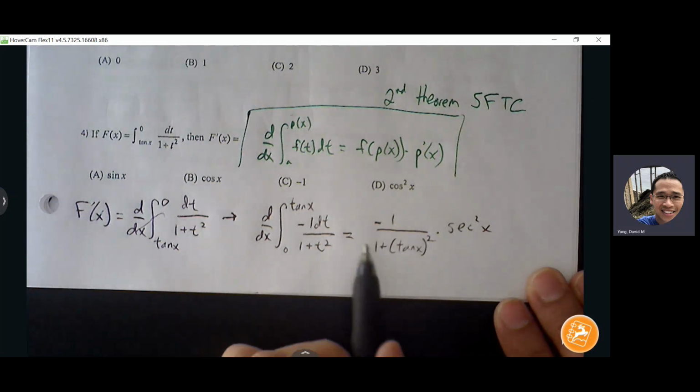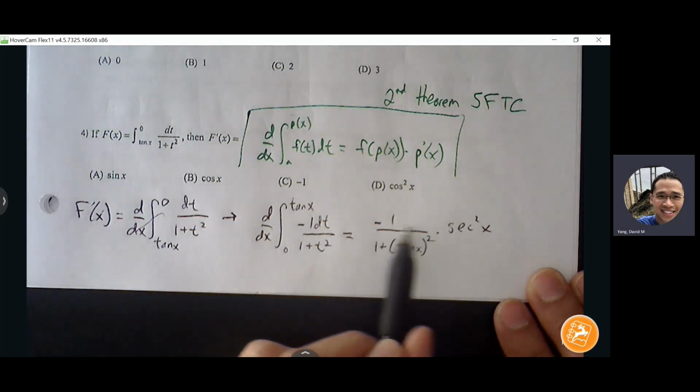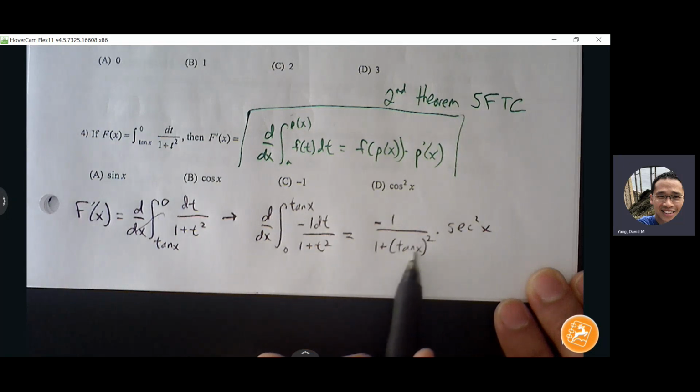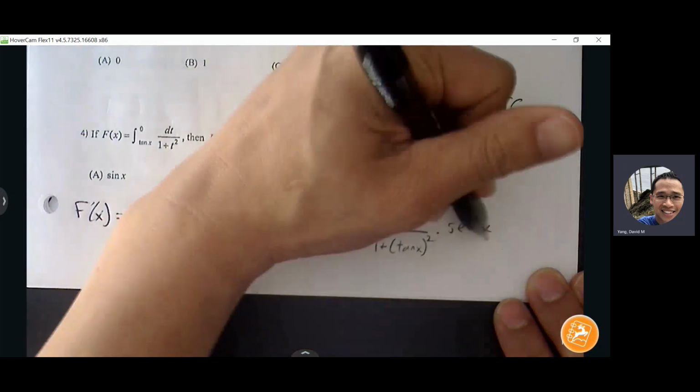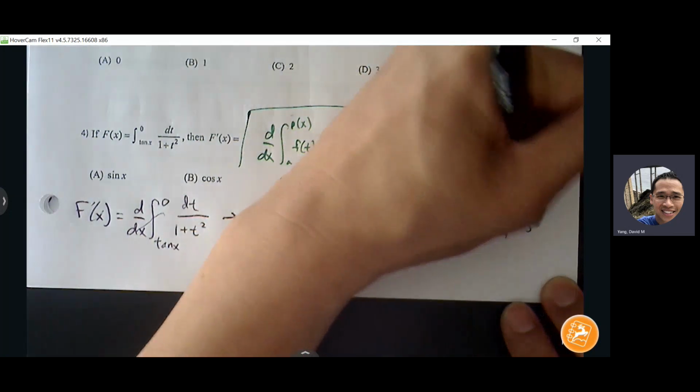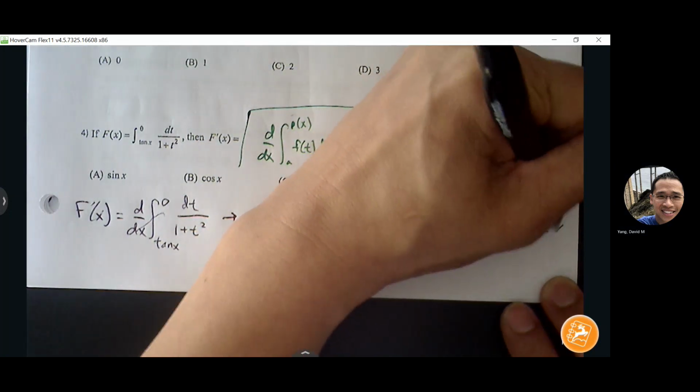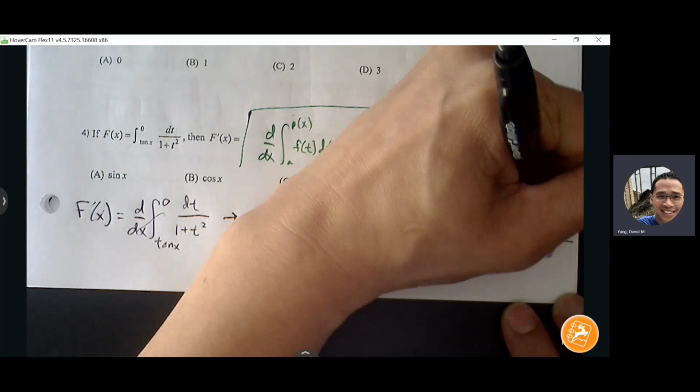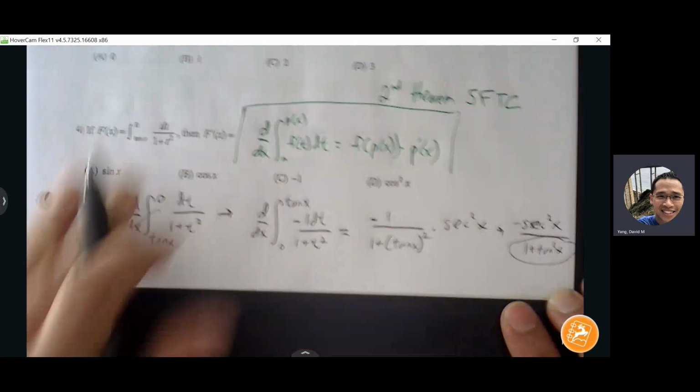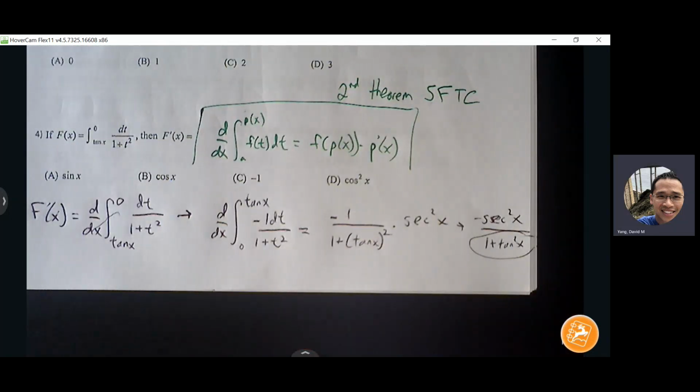Now, there's a bit of an identity here because 1 plus tangent squared is secant squared. So if I multiply this out, I get negative secant squared x over 1 plus tangent squared x. And 1 plus tangent squared x itself has a special property: 1 plus tangent squared is secant squared.